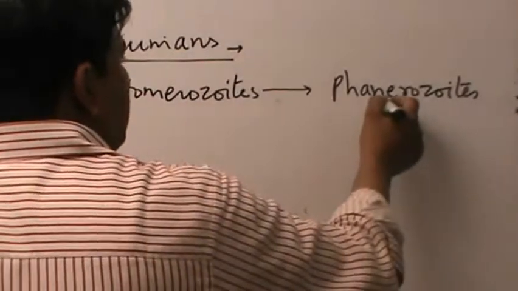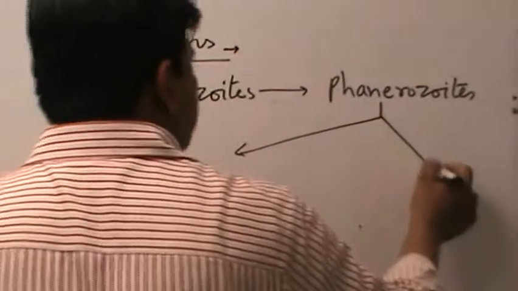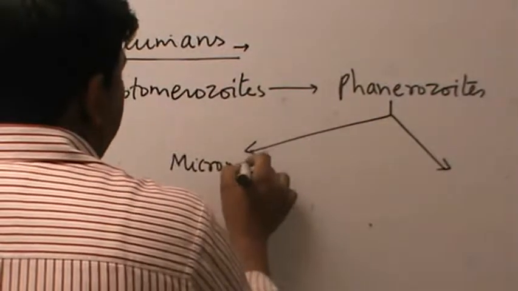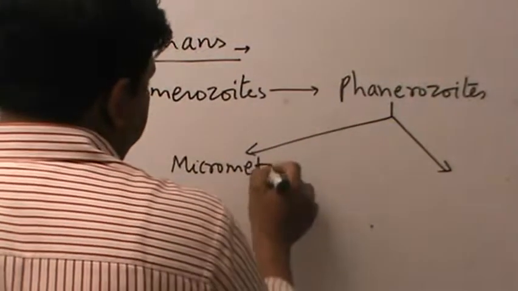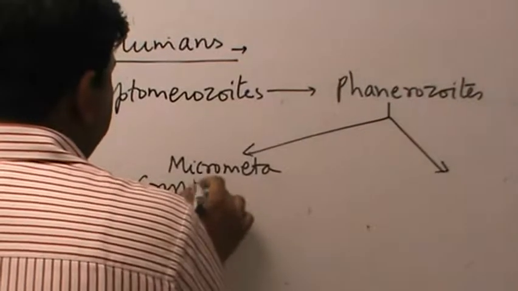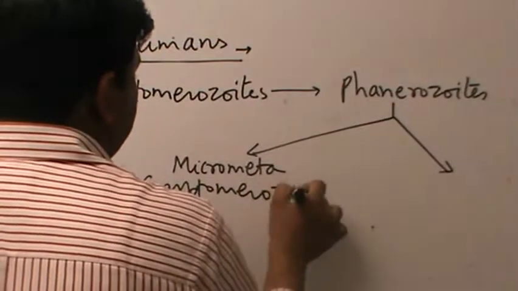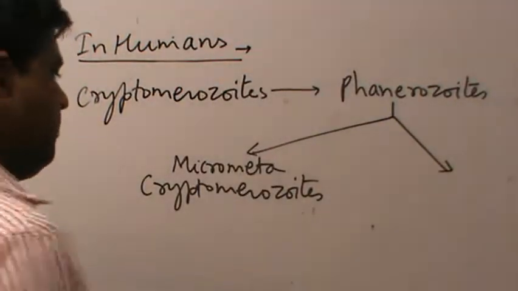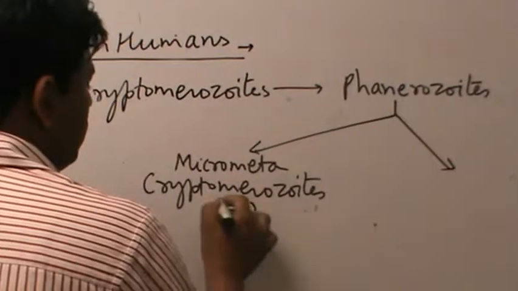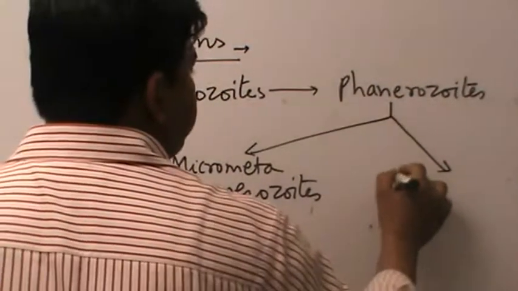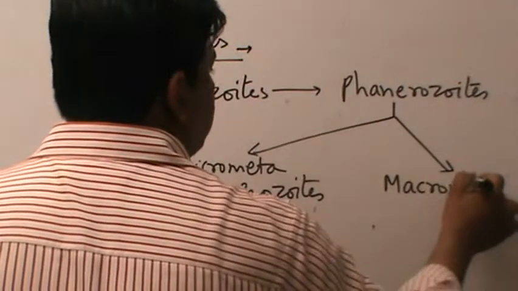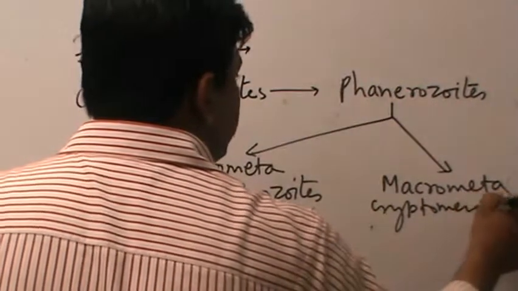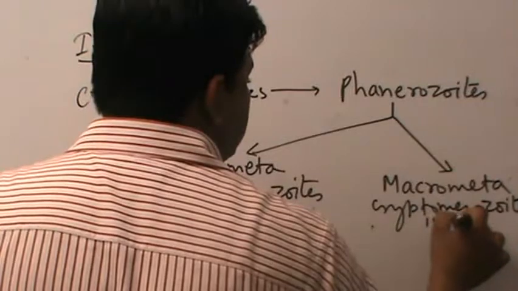And this will be converted into micrometa cryptomerozoites, about 64, and macrometa cryptomerozoites, about 1000.